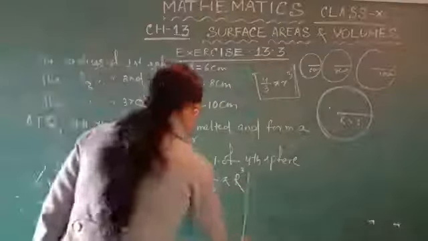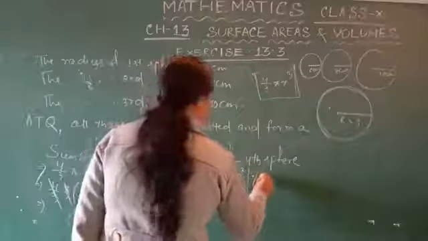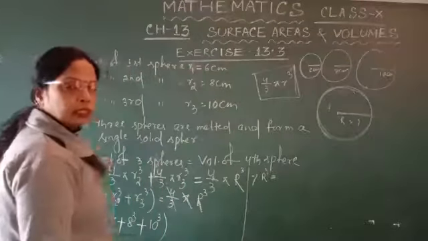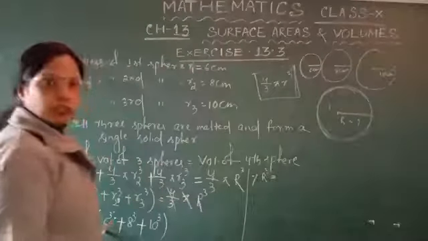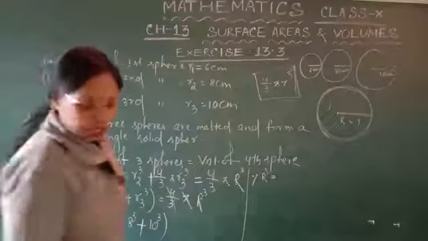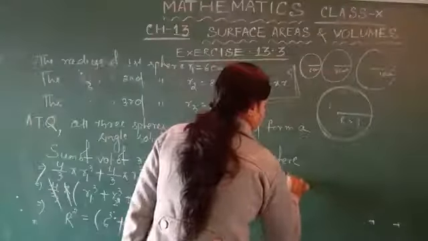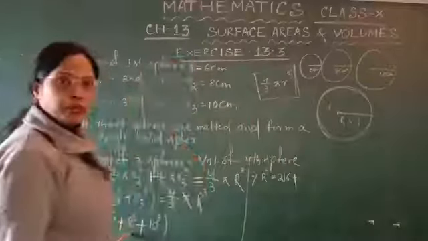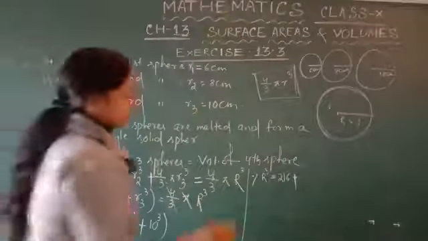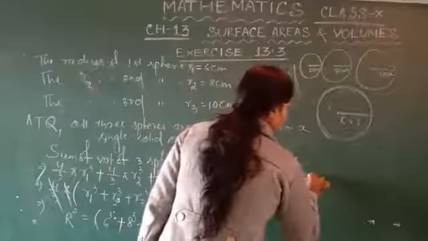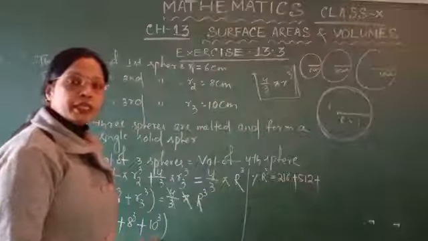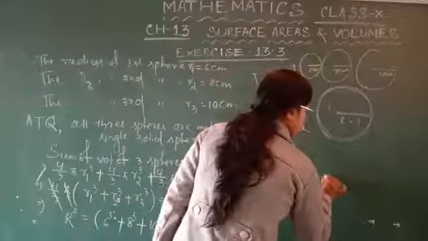Now 6 cube is 6 into 6 into 6, 36 into 6, that is 216, plus 8 cube, 64 into 8, that is 512, plus 10 cube, 10 into 10, 100, 100 into 10, that is 1000.